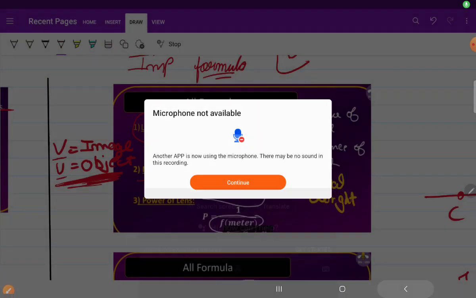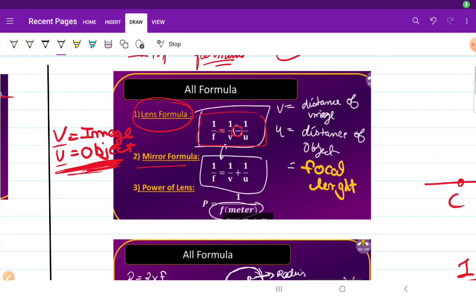And why, students, there is some glitch for that. In the mirror formula, you just have to put the plus between u and v. And you have confusion in what is f, what is v, and what is u.